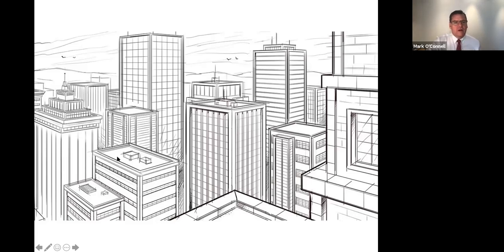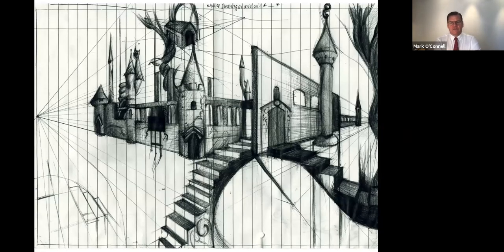So here we have, again, our vanishing point would be very far away on the right and very far away on the left to get that. This might actually have a 3-point because we're kind of floating above the city. So here we have drawing one of these babies out, vanishing point right, vanishing point left, and all of the lines are being guided by the orthogonals to those 2 vanishing points.